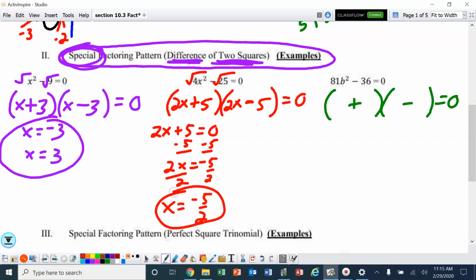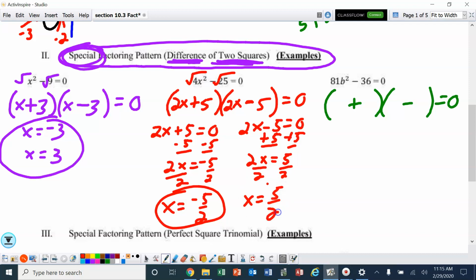Once you see it, you don't have to show that work. See how it's set up? It becomes -5/2. Let me just do it with this one too. So I'm going to add 5 and then divide by 2. So this solution is +5/2. Look at it very carefully, and we'll just write the answer when we do the next one.